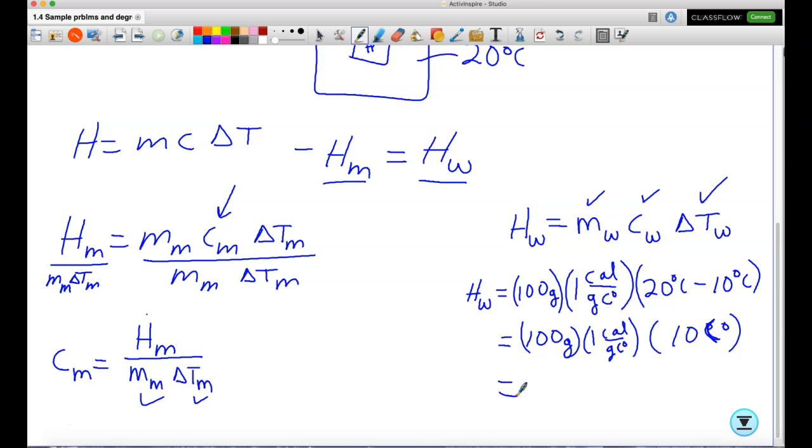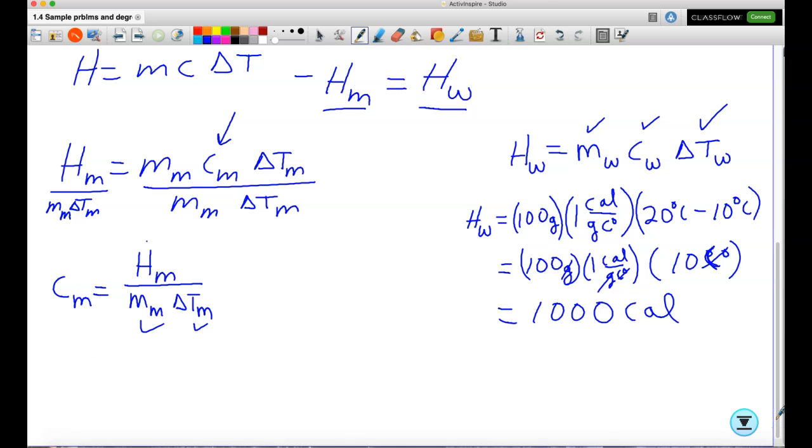So 100 times 1 times 10 is 1,000. Grams cancels, Celsius degrees cancels. So 1,000 calories is what goes into the water. But we know that 1,000 calories is what comes out of the metal, so the heat of the metal is negative 1,000 calories.